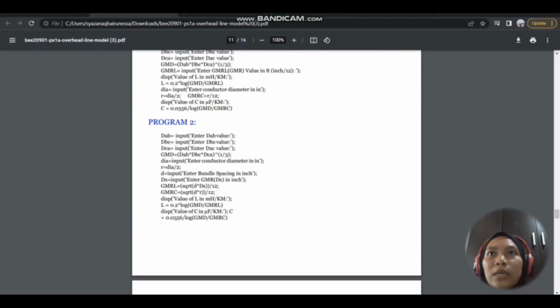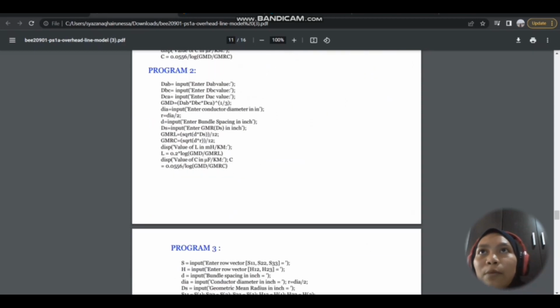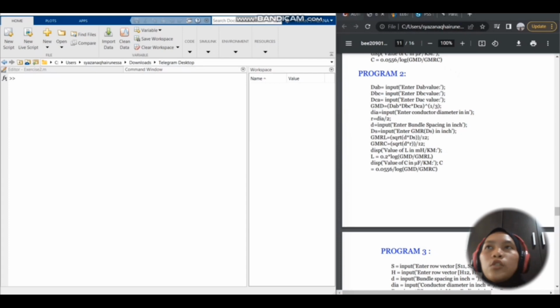From the lab sheet, they have given the program for exercise 2, and here is the coding that we can see for exercise 2.